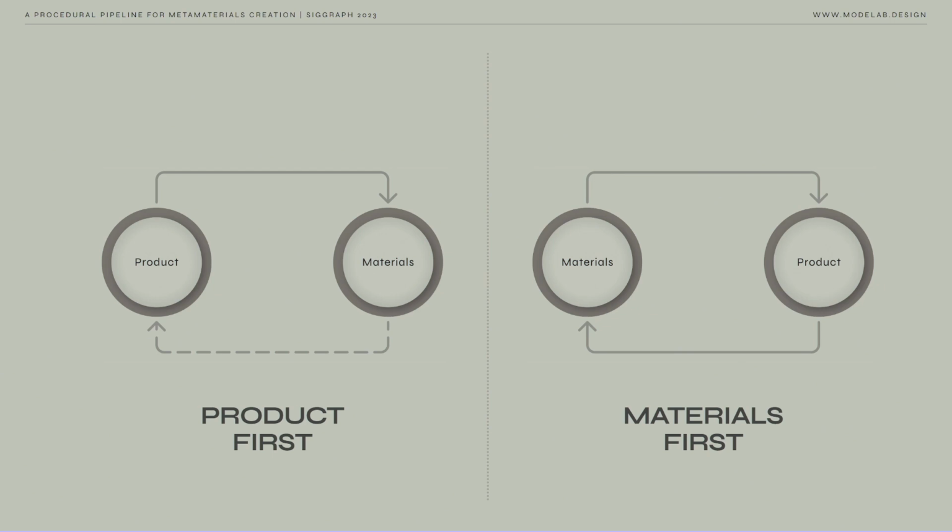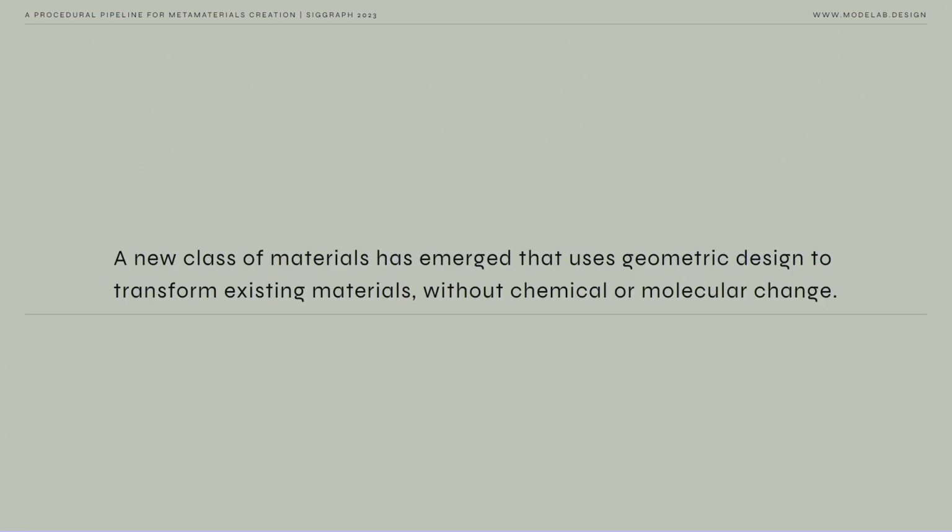But what if materials could be designed with a specific product in mind? And what if we could design materials specifically for a product's performance and its aesthetic requirements? What would these materials look like? How would they behave? How would they shape and be shaped by those products?